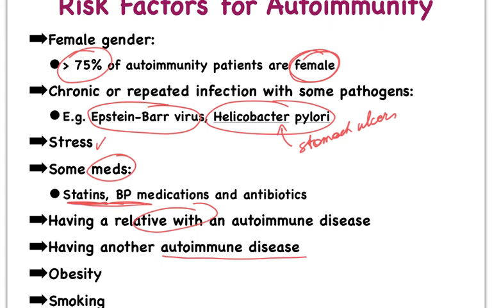As you can imagine, that's devastating to a person who's already been battling an autoimmune disease their whole life. Being overweight, and of course, by now you know that smoking is never ever a good thing for our body. Smoking does so many damaging things to our body.